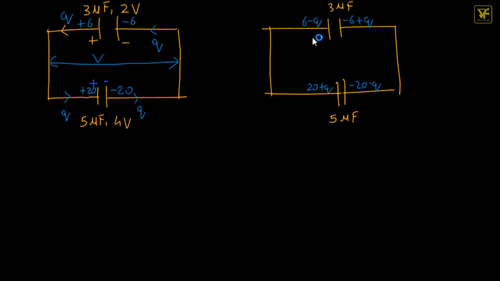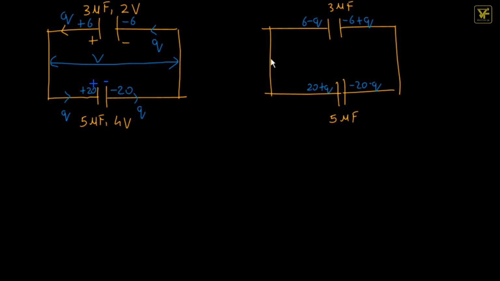As you can see, this has 6 minus Q and this has Q minus 6. This has 20 plus Q and this has minus 20 minus Q. The charges should always be opposite. If they are not coming out to be opposite, then you are making a mistake somewhere.